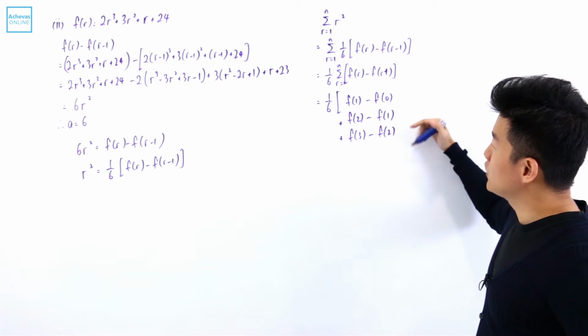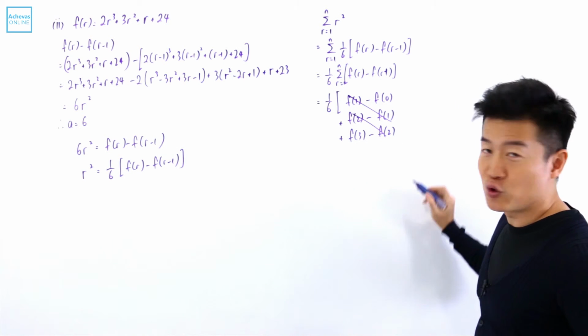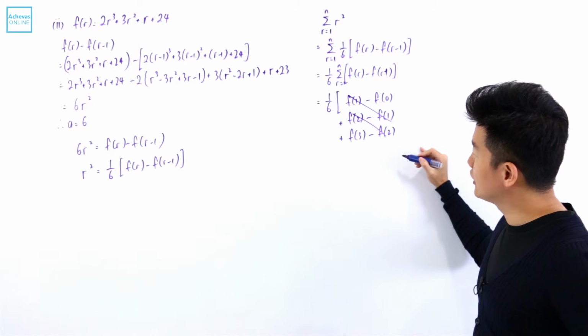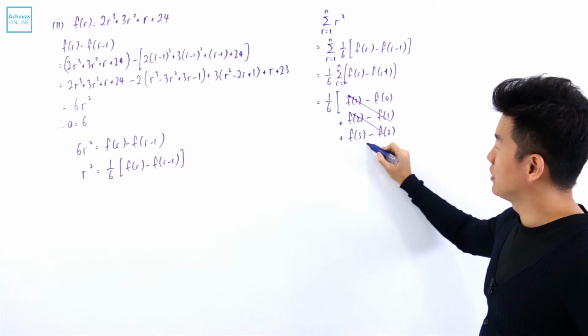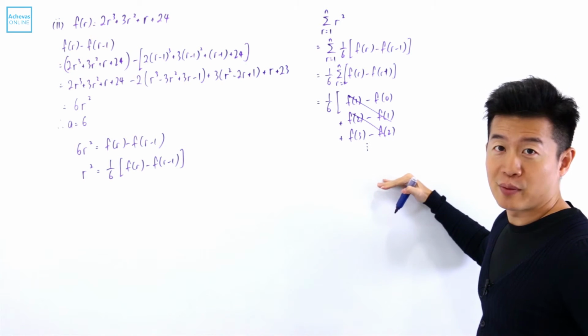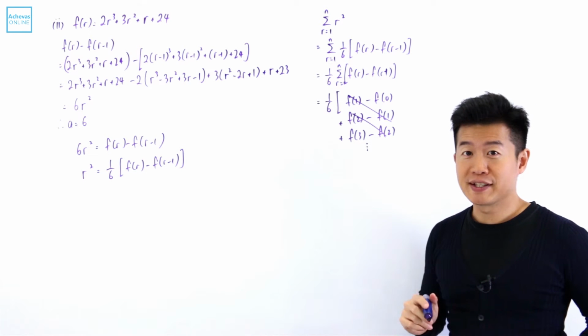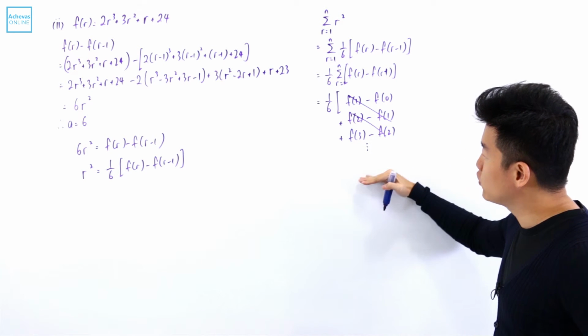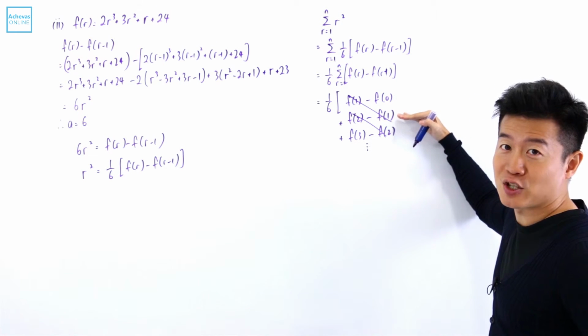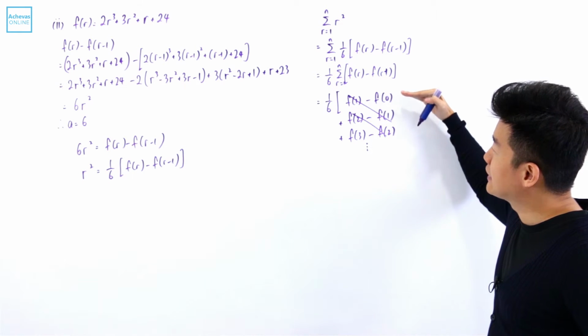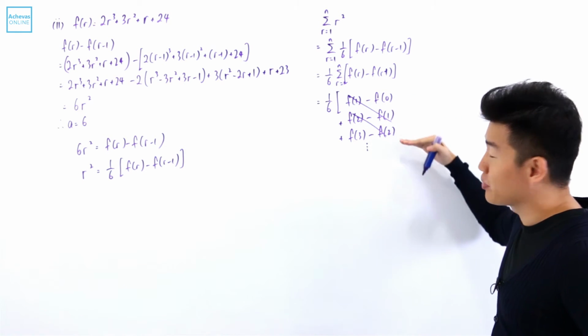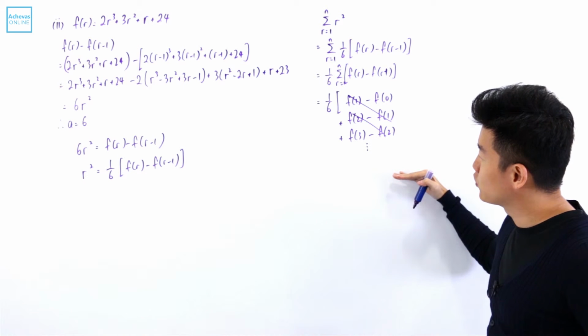So with 3 rows, I managed to see 2 repeated patterns of cancellation, and that's where I'm going to stop. Then plus dot dot dot, and here I'm going to write another 2 rows, because 2 rows is supposed to give me 1 set of cancellation. If I can see this same cancellation pattern for those 2 rows, that means that the cancellation pattern is going to propagate all the way until the very last 2 rows.